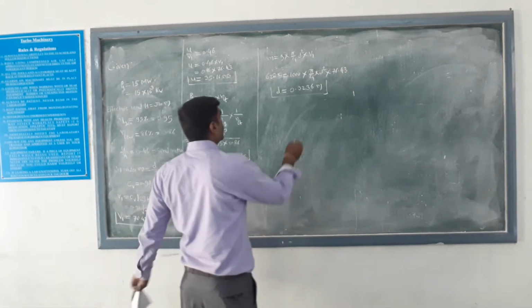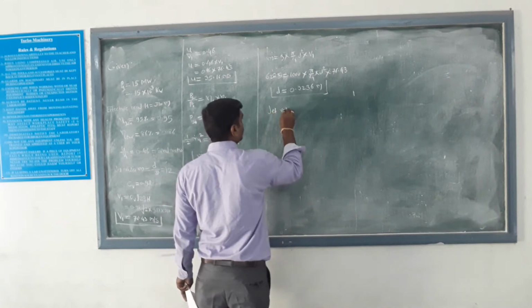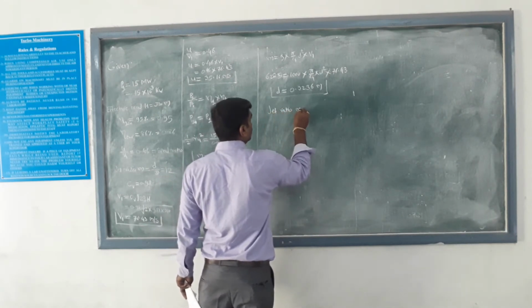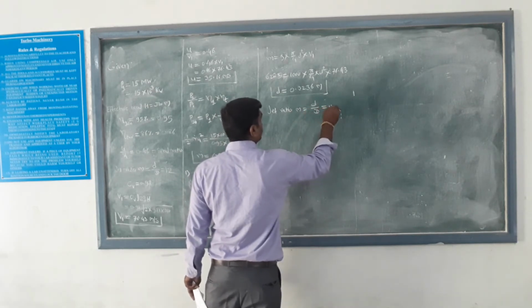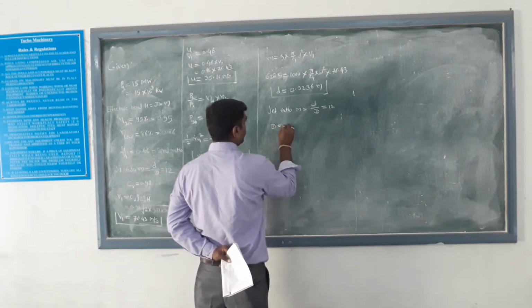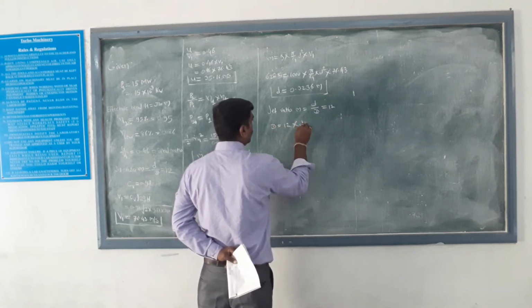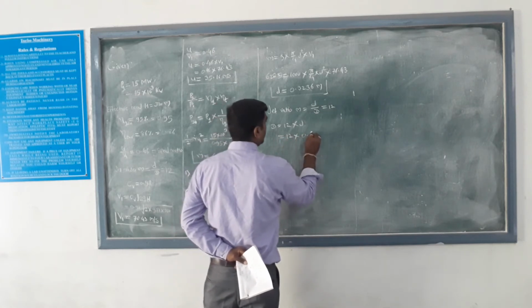We know jet ratio, D by d equal to 12. So from this, find out capital D equal to 12 into small d, equal to 12 into 0.3236.